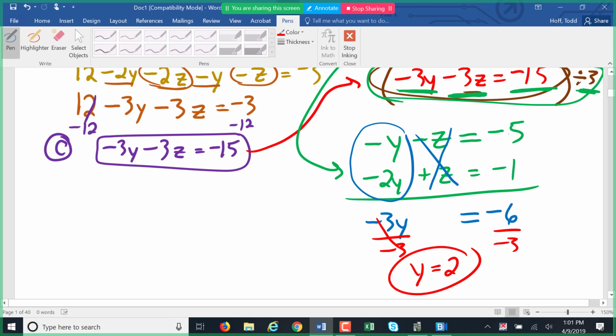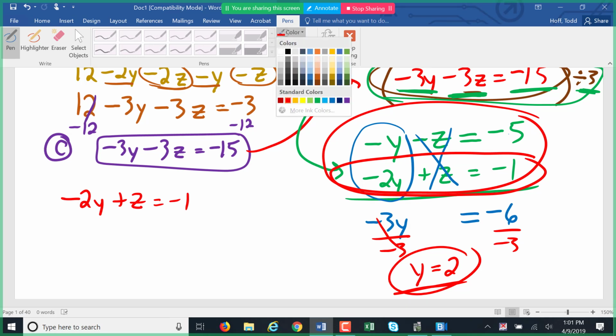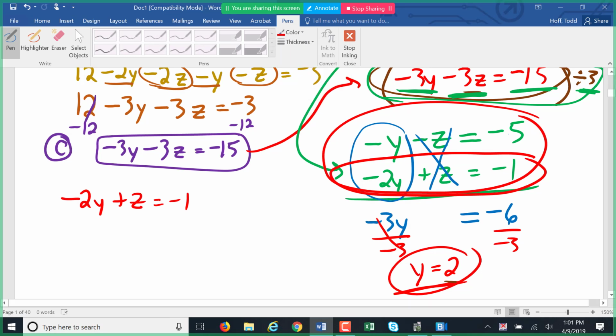Now we have a considerable amount of work to go back up through the steps to find the other variables. I know that y equals 2, so I go back to one of these 2 equations to find what z is. I'm going to use this bottom one just because the z is positive there. So negative 2y plus z equals negative 1. I'm going to put 2 in for y. So this becomes negative 2 times 2 plus z equals negative 1.